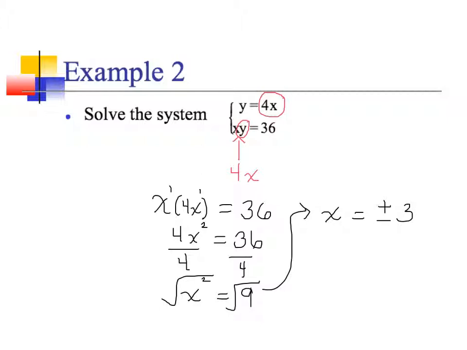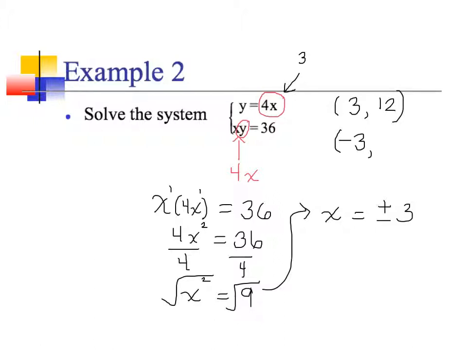So I'm going to have 2 points of intersection if I were to graph these. One that has an x-coordinate of positive 3 and one that has an x-coordinate of negative 3. I'm going to find each of their corresponding y-coordinates. So I'm going to substitute 3 in for x. If I substitute 3 in, y is equal to 4 times 3 or 12.